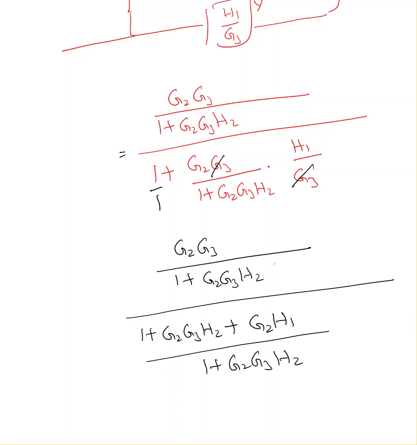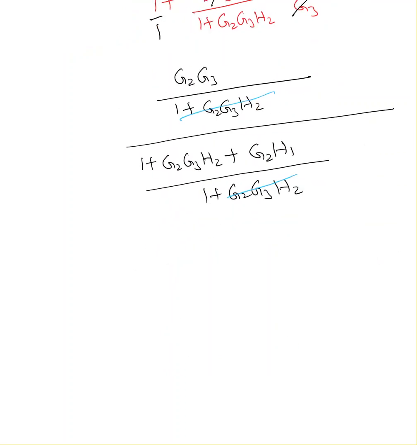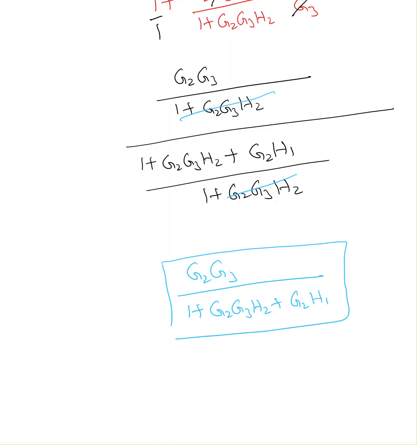Now we can cancel these two out. At the end we will end up with Z2 Z3 over 1 plus Z2 Z3 H2 plus Z2 H1. This is the whole block.